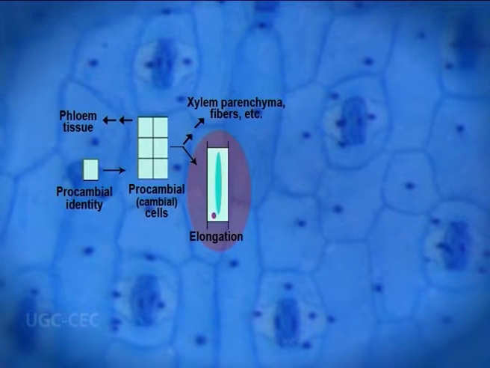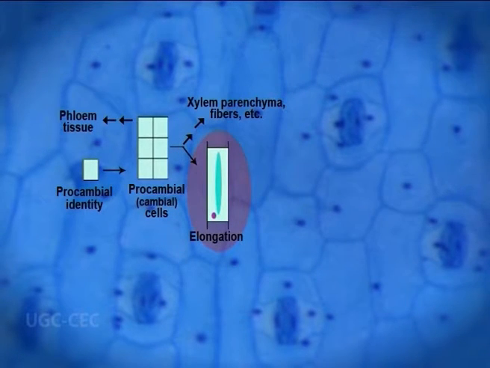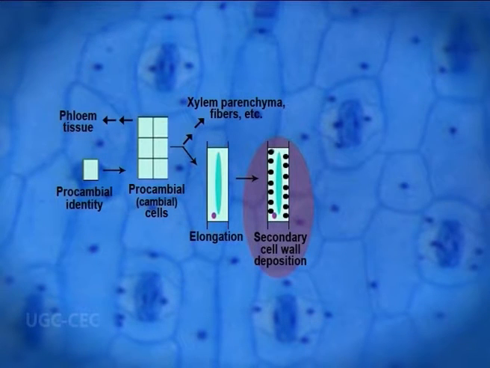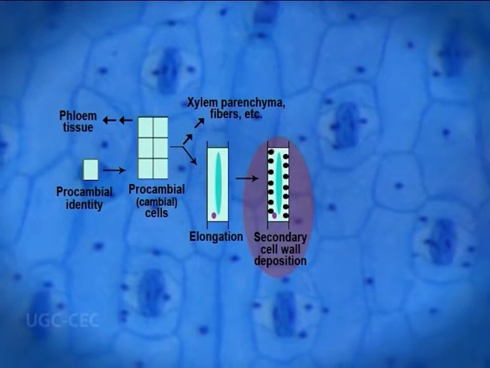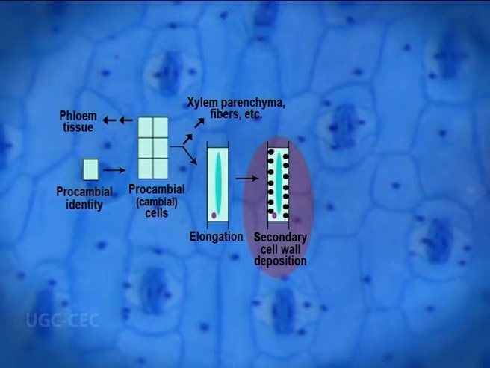After elongation, tracheary elements undergo secondary wall thickening with annular, helical, reticulate, scalariform, and pitted patterns. The thickened secondary wall provides mechanical strength to the vessels for withstanding the negative pressure generated through transpiration.